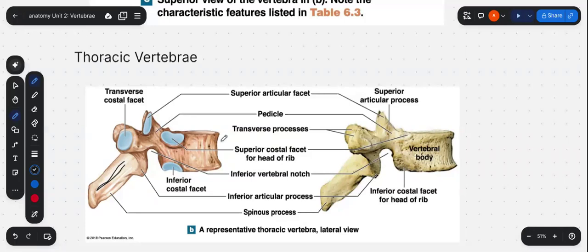The only main difference is that you have transverse costal facets, which you can see over here on the sides. These are your transverse costal facets. Then your articular facets are going to stand up a little bit more vertically. So these are the superior articular facets.